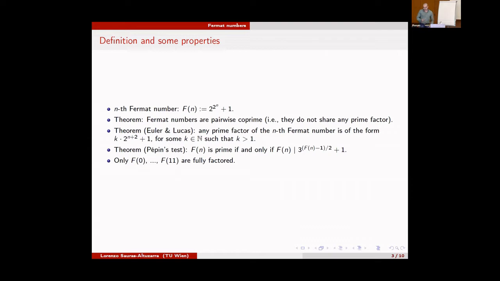Here I must say that, as you can imagine, because of the double exponent, these numbers are really difficult to handle, and only the first 12 Fermat numbers are fully factored. And what I wanted to say before, is that we know two examples of Fermat numbers that are composite, but no prime factor is known, and essentially this has been proved by using this characterization.